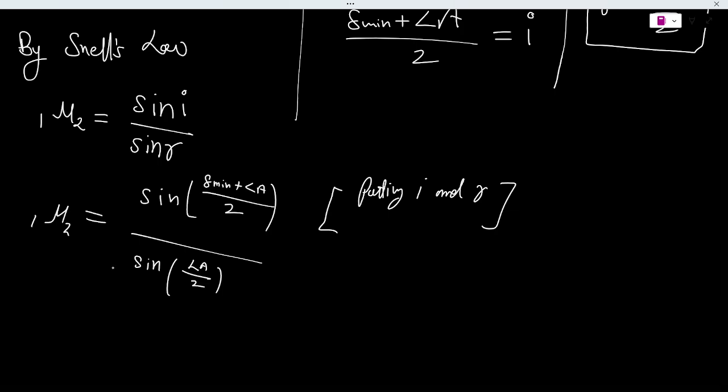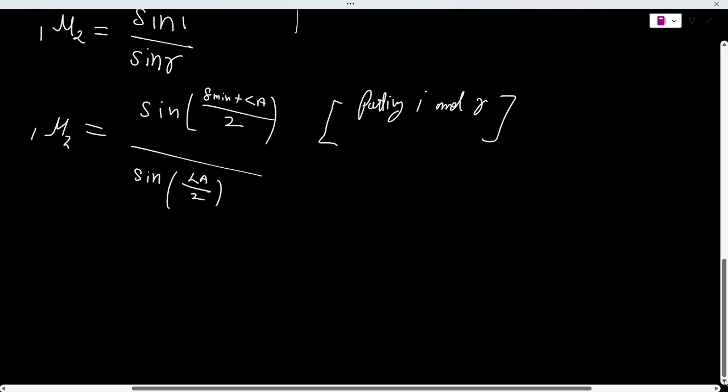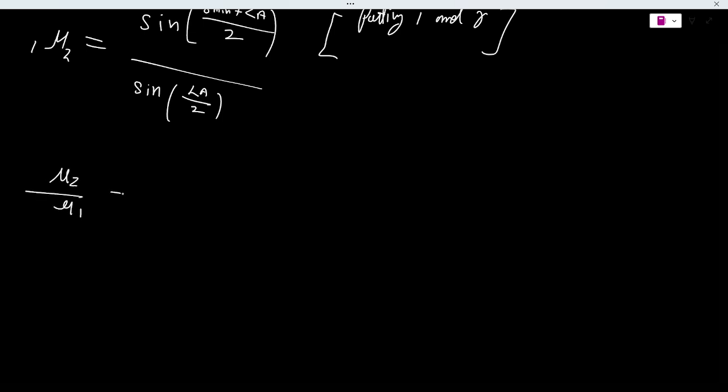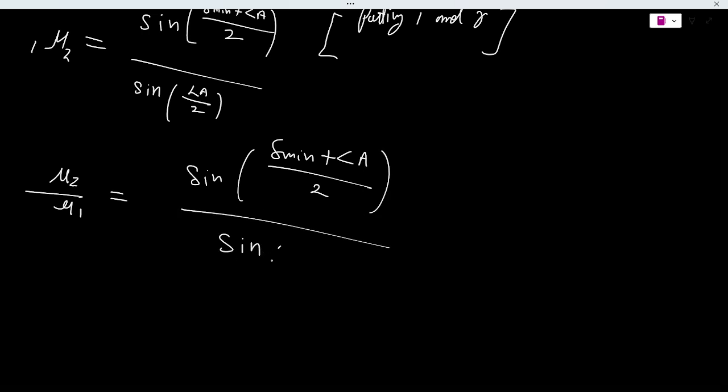Now 1mu2 can be simplified as mu2 by mu1. Here we have sine of (delta min plus angle A) upon 2, divided by sine of angle A by 2. Now mu2 is the refractive index of the glass, so take mu2 as mu, and mu1 is the refractive index of the air, so take mu1 as 1.